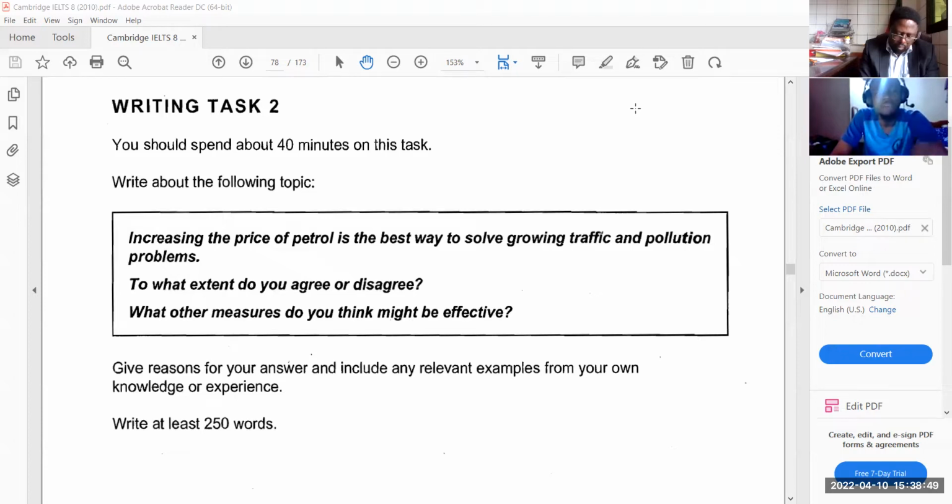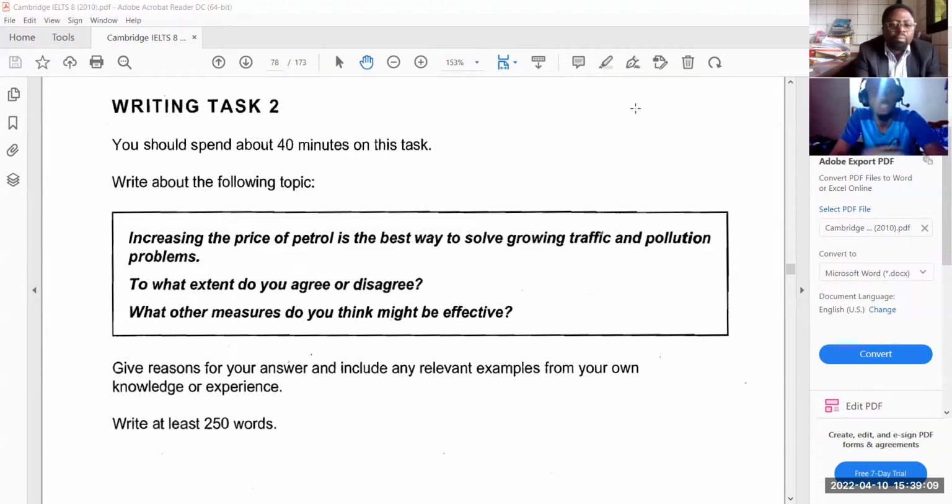I don't know if this last requirement, give reasons for your answer, is just included in the other task requirements. You don't isolate this. What they are saying is that every time you are talking, you are giving reasons and relevant examples. Yes, okay.